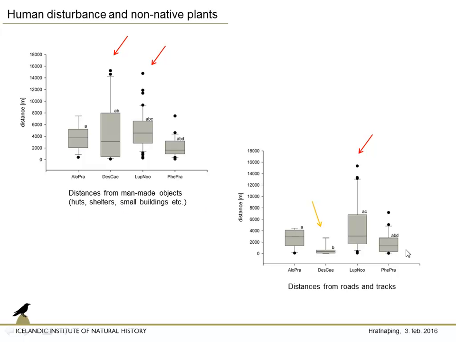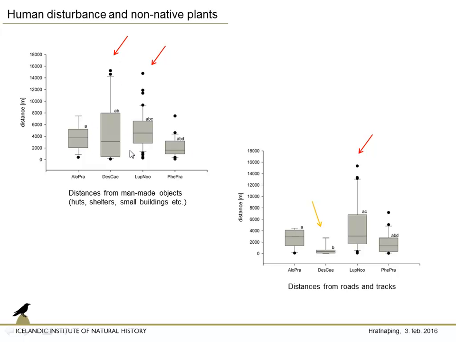And then we have here distances from roads and tracks for four selected species: Alopecurus pratensis, Deschampsia cespitosa, Lupinus nootkatensis, and Phleum pratense. What we can see here, that at least two species differ significantly from the rest.